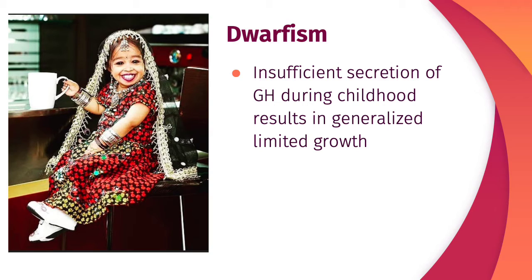However, if there is total failure of the pituitary gland, which results in deficiency in all of the pituitary hormones, then we refer to it as panhypopituitarism. One example of hypopituitarism is dwarfism, where there is an insufficient secretion of growth hormone during childhood, which results in generalized limited growth. It is most usually caused by a tumor.